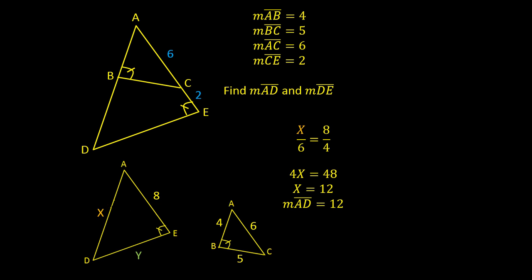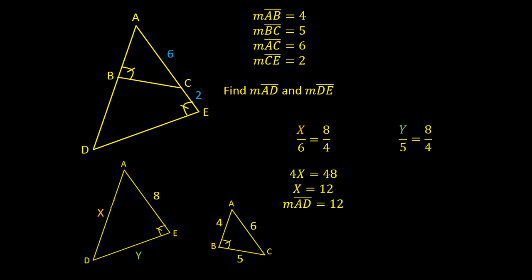Now to find the length of side DE, let's give it a name as well. Let's call it Y, and let's set up a proportion to show the side lengths that are corresponding to each other. So in the large triangle, the side that measures Y units long is opposite angle A, as is the side that measures 5 units in the smaller triangle.